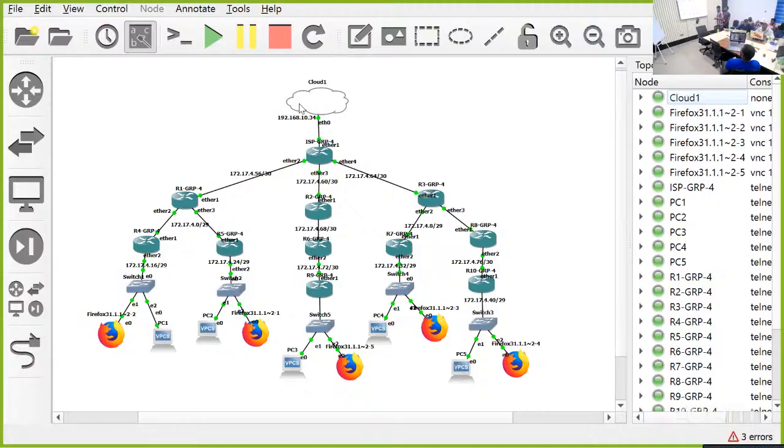These different routers are like junctions from this central router, and these junction routers are also connected to other routers. From here, we have a bridge which is connected to each of the last routers in each of these networks, and that bridge is also connected to a browser and a PC.